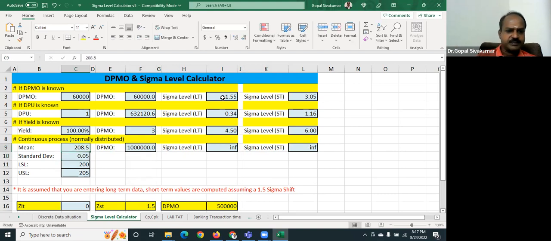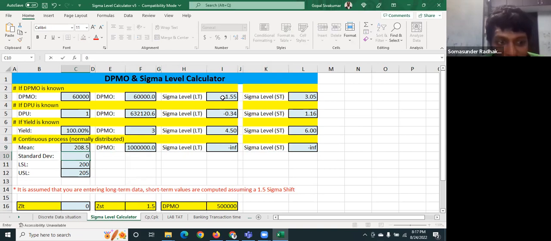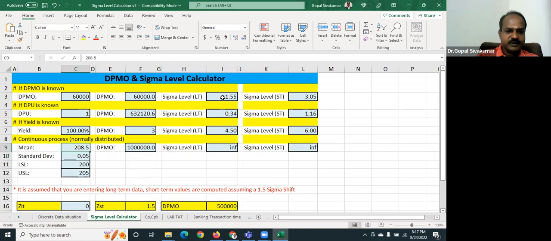What happened? Sir, the mean is outside LSL and USL. That is the problem, right? Correct. You're right. I'm wrong. 202.5. Now it has become positive because this is too strong. So now let us say 0.25.